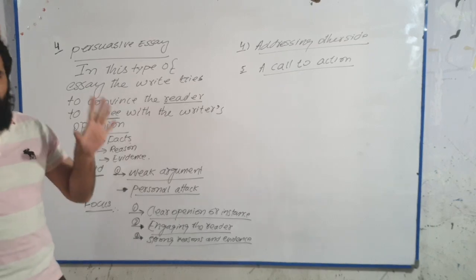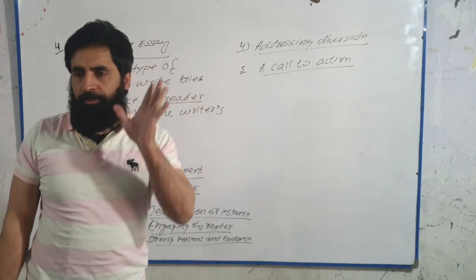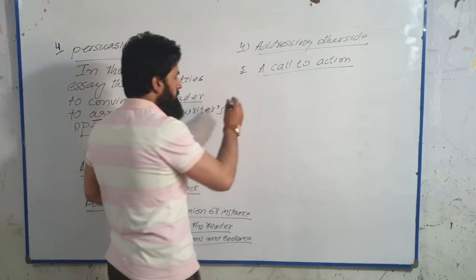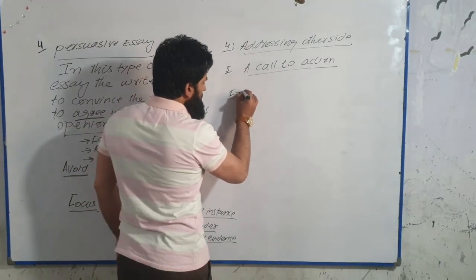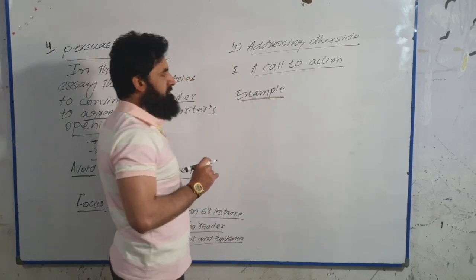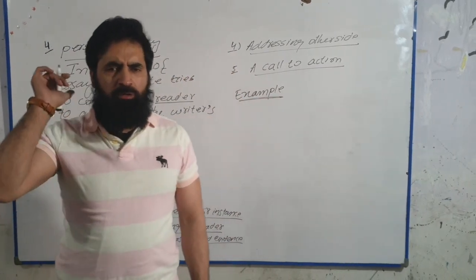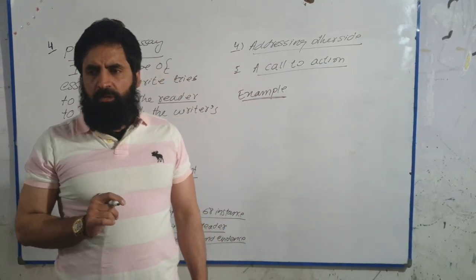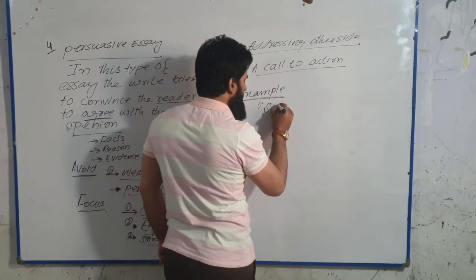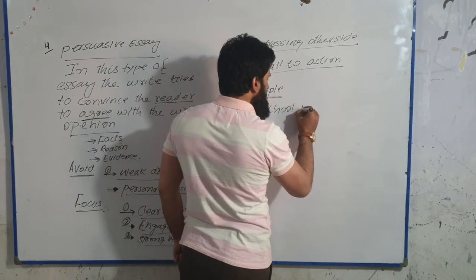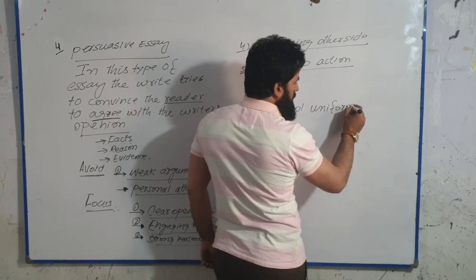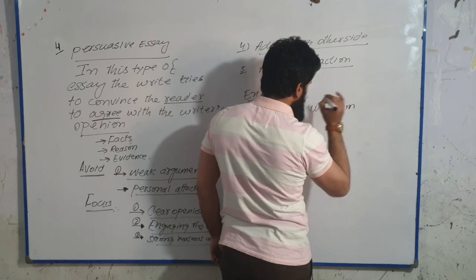Got it? Now let's make it much simpler by giving an example. Very good. Let me write a precise example for a persuasive essay, about school uniforms. What do you think? Good or not good? Necessary or not necessary?